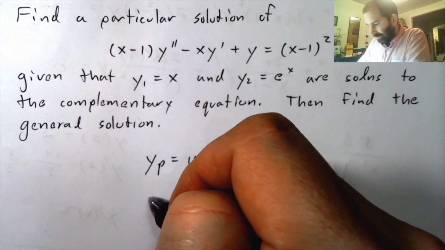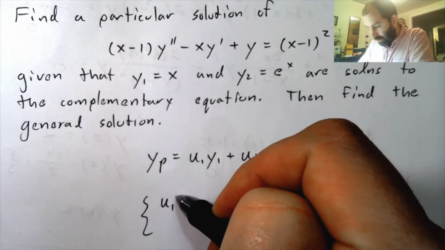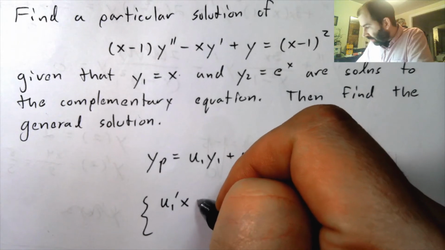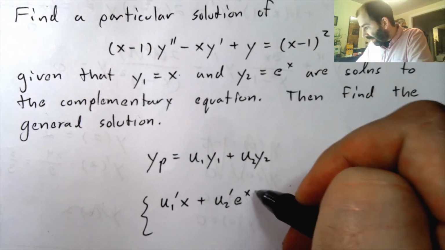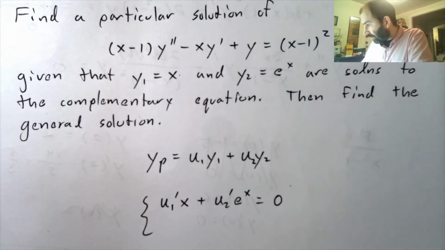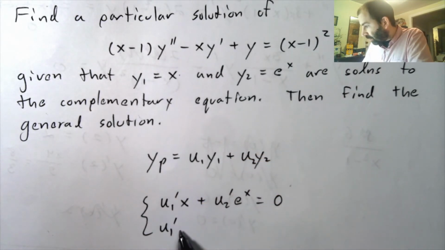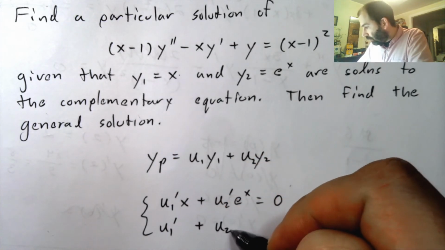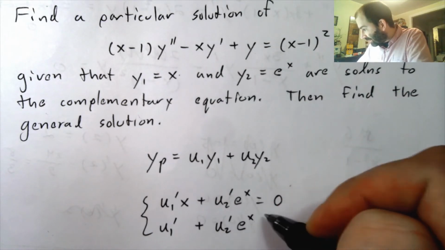So I'm going to have this system. I have u1 prime times y1, which is x, plus u2 prime times y2, which is e to the x, and that's equal to 0. And then I'm going to have u1 prime times y1 prime, which is just 1, and then u2 prime times y2 prime, which is just e to the x again.